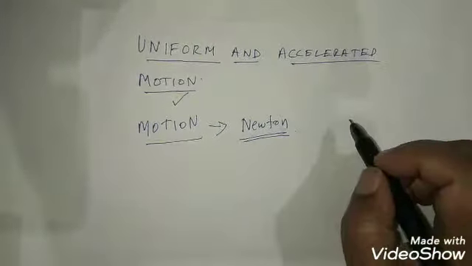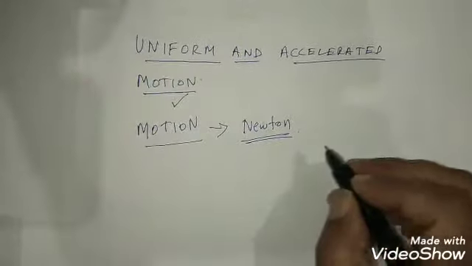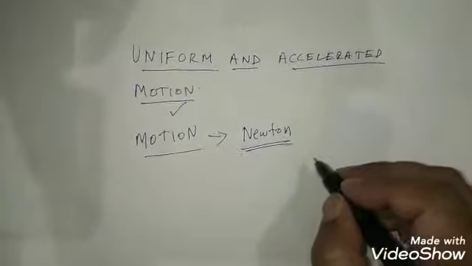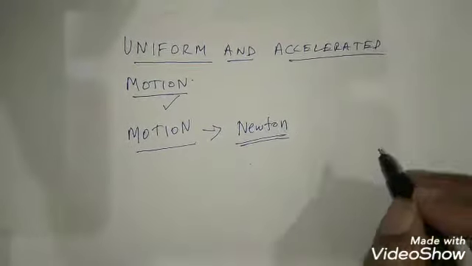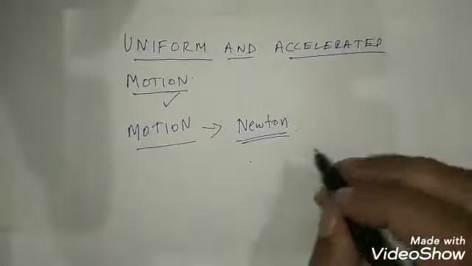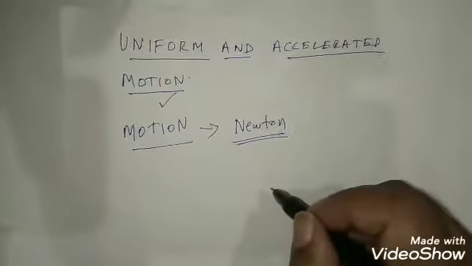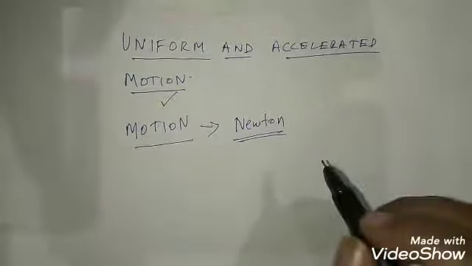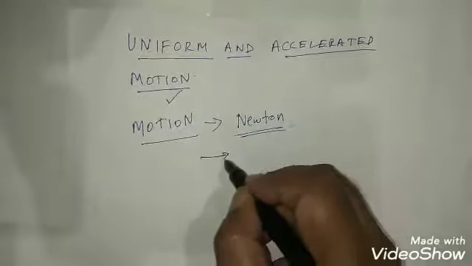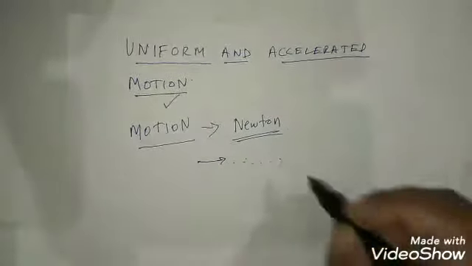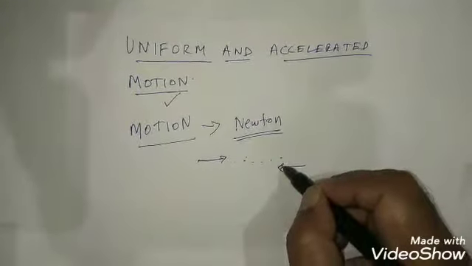Newton's first law tells if a body continues to move, it will keep on moving until and unless there is an external force to obstruct it. So the key thing is, any body which is moving will continue to move until and unless something obstructs it.